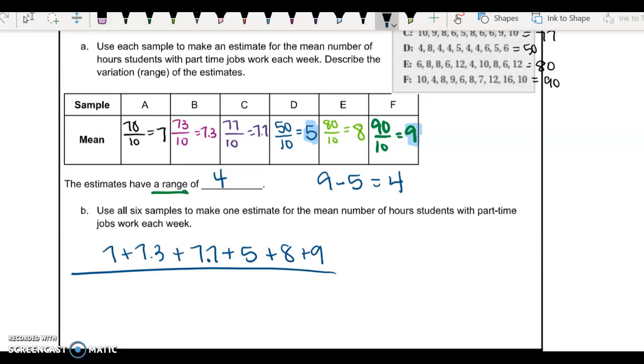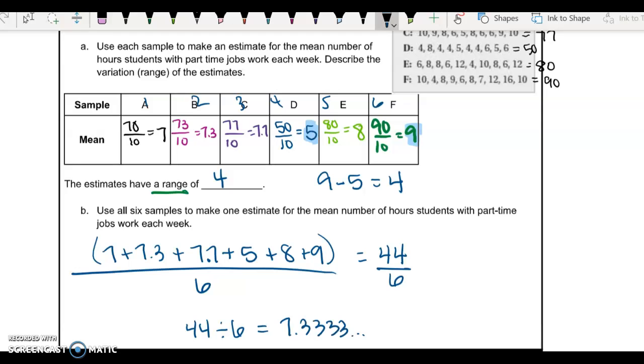And we're going to add those all up first, and then we divide by 6 because there are 1, 2, 3, 4, 5, 6 schools that we looked at. So when we add those all up, we get 44, and now we divide that by 6. So 44 divided by 6 gives us 7.3333, and that goes on forever and ever. So we're going to write that as 7.3 repeating.